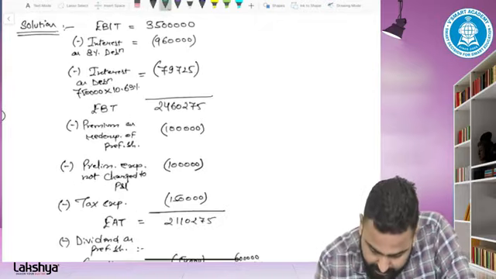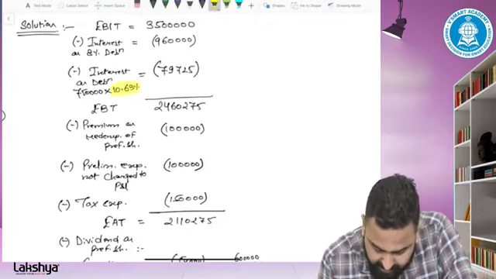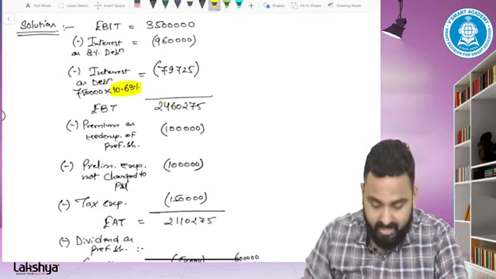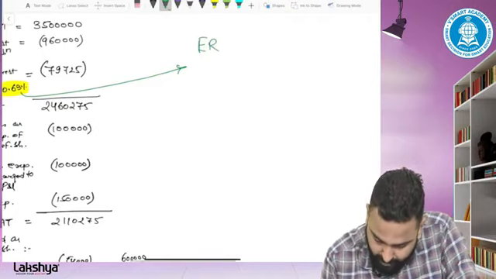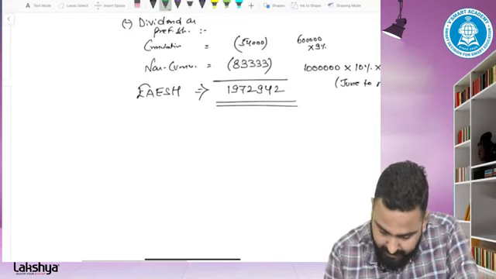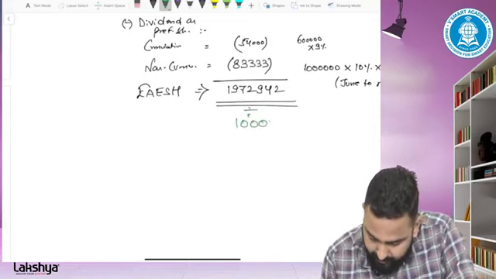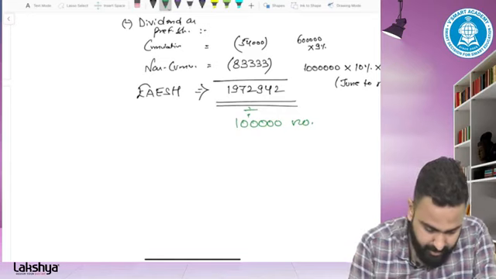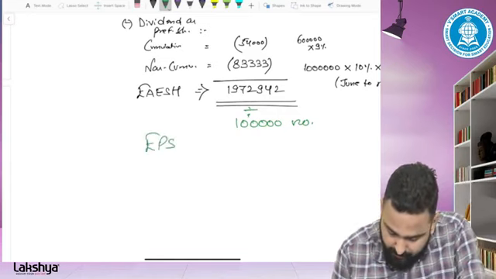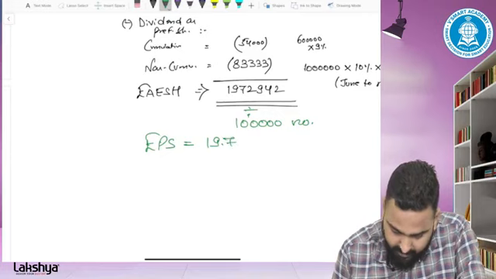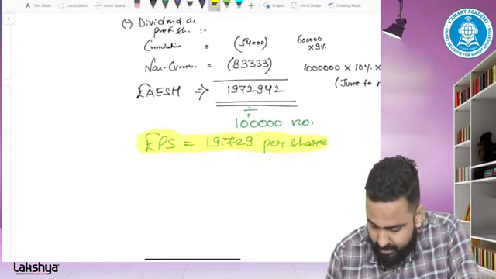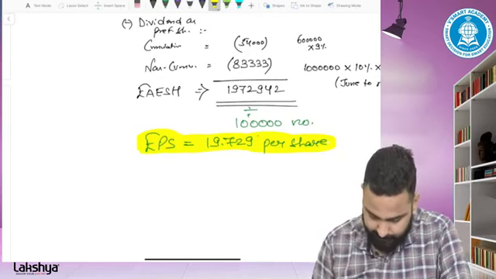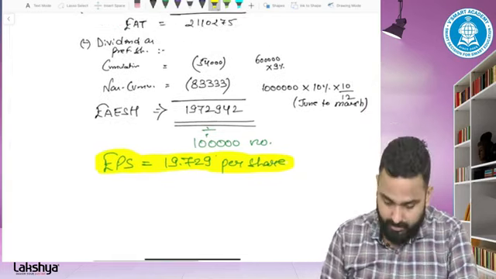Now, sir, how did this 10.63 arrive? Effective rate of interest. Acha, first of all, let me complete. Divided by 1 lakh numbers, the EPS could be 19.729 per share.